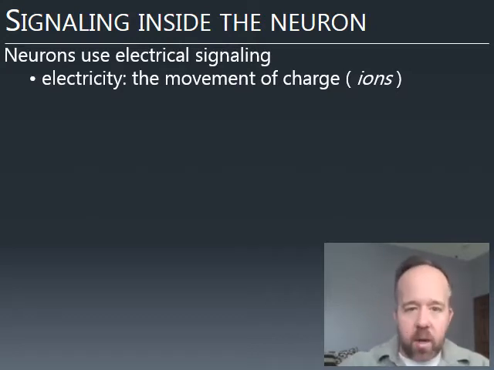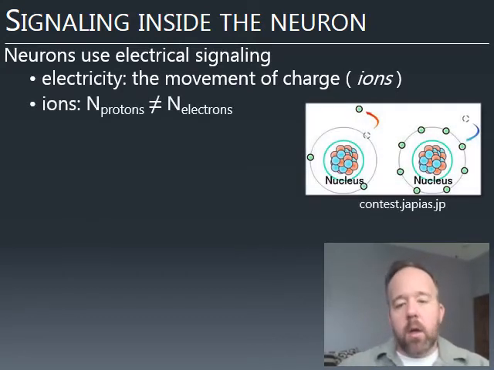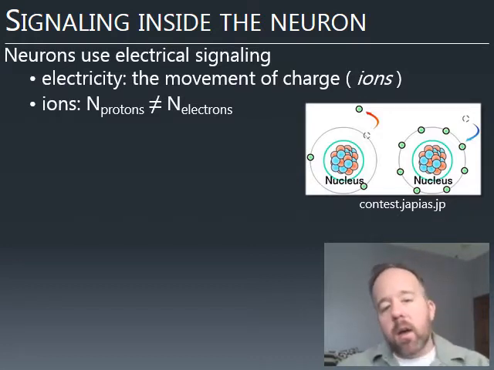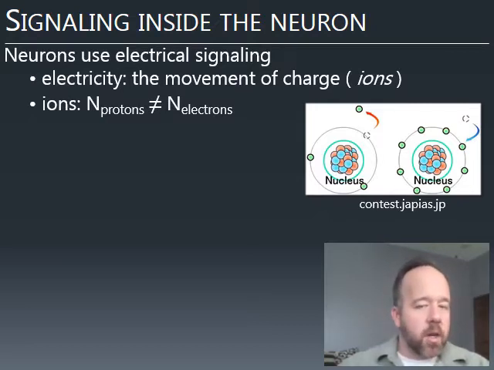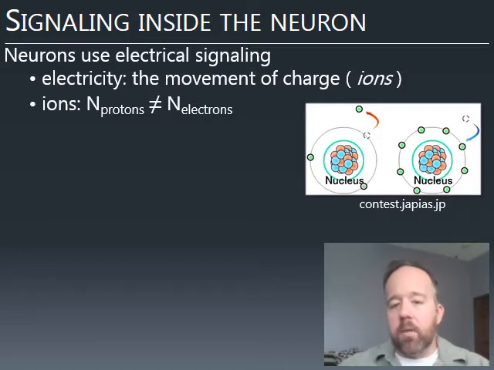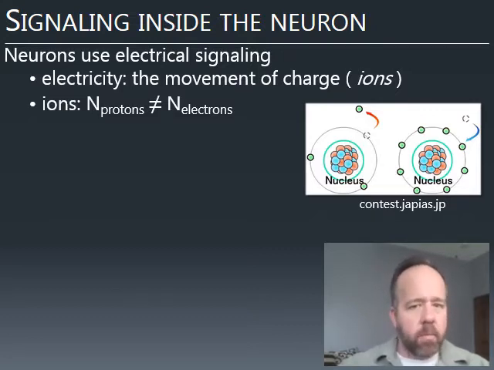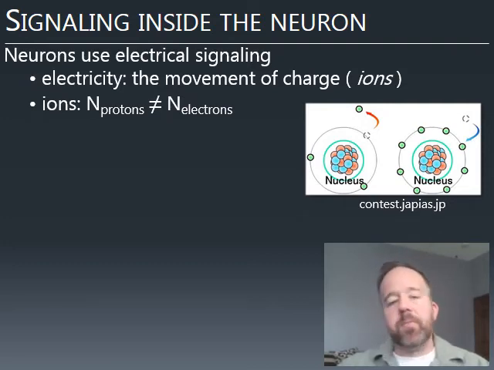And a charged atom is called an ion. So just a quick refresher on chemistry in case it's been a while. Ions are atoms in which the number of protons and the number of electrons aren't equal. Protons are found in the nucleus, and they're positively charged. Electrons sort of swim around the nucleus. They orbit it, but not in a systematic fashion like diagrams often make it seem. But electrons have a negative charge.